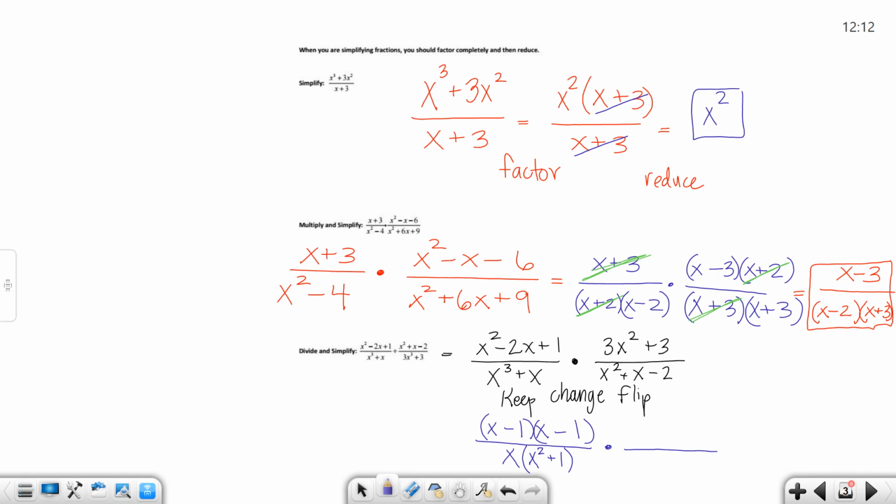Going to the next fraction, they have a 3 in common, so if I factor out the 3, that leaves me with an x squared plus 1. And across the bottom, the factors of 2 that subtract to give me 1 are 2 and 1, and the 2 is positive. So that's how it would factor.